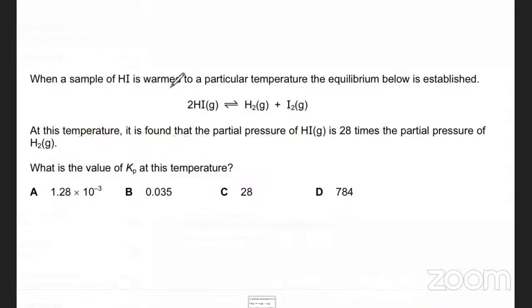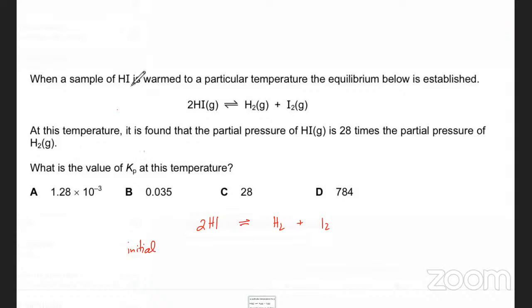So there's this one I said, there's a sample of HI which is warmed. I'll just quickly do this. So there's a sample which is warmed, there's 2 HI and there's H2 and I2, initial moles and final moles. They're saying that a sample was warmed and they found that the partial pressure of HI is 28 times the partial pressure of H2.